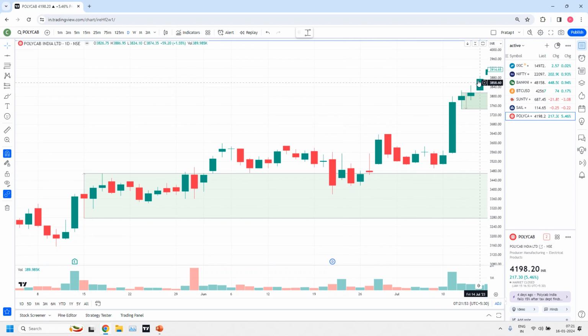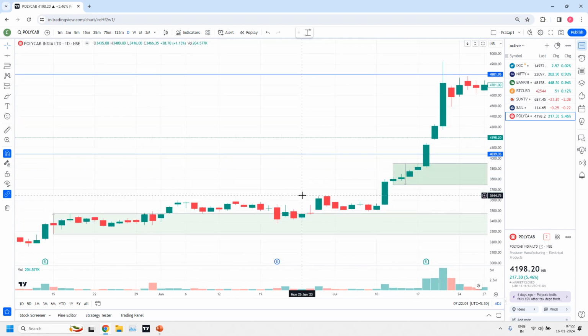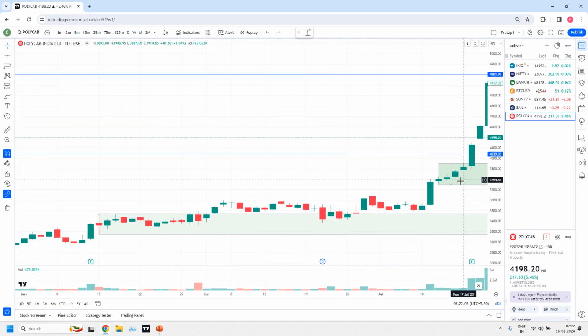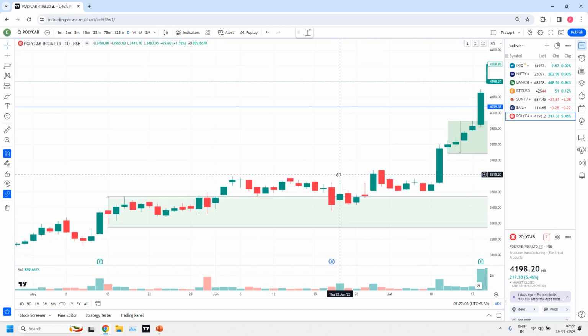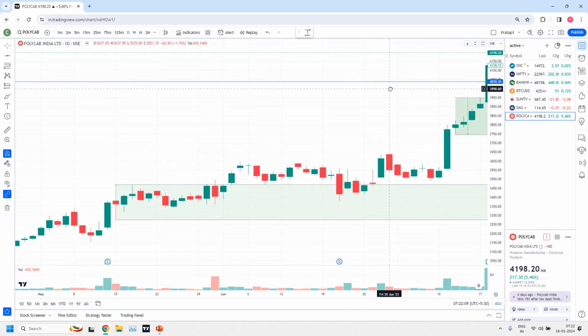Still, if you are not convinced with this leg-out candle, you can draw your zone like this. This is also possible. Because I am convinced with this candle as a leg-out, I have drawn like this. In case you are not, your zone will be like this. But anyway, you have to fine-tune the zone. That is a different story.